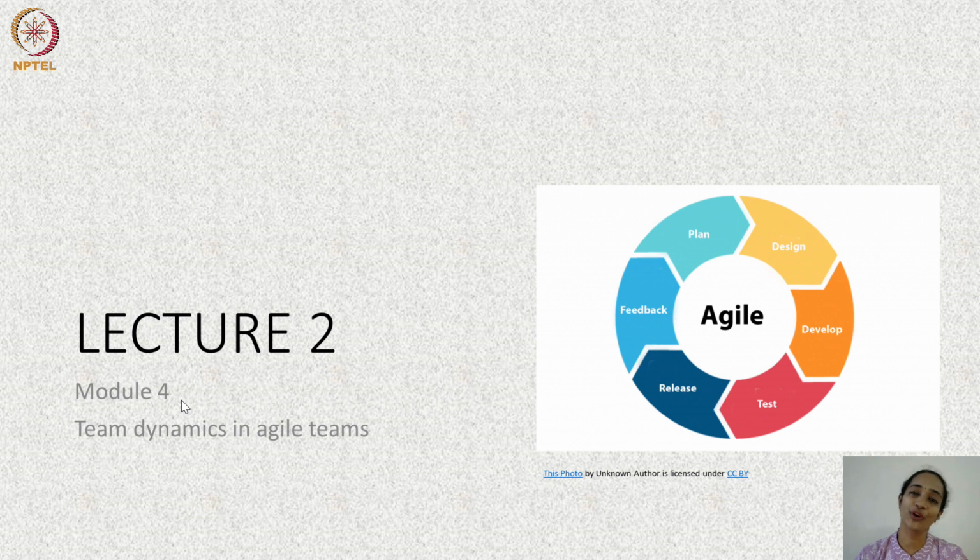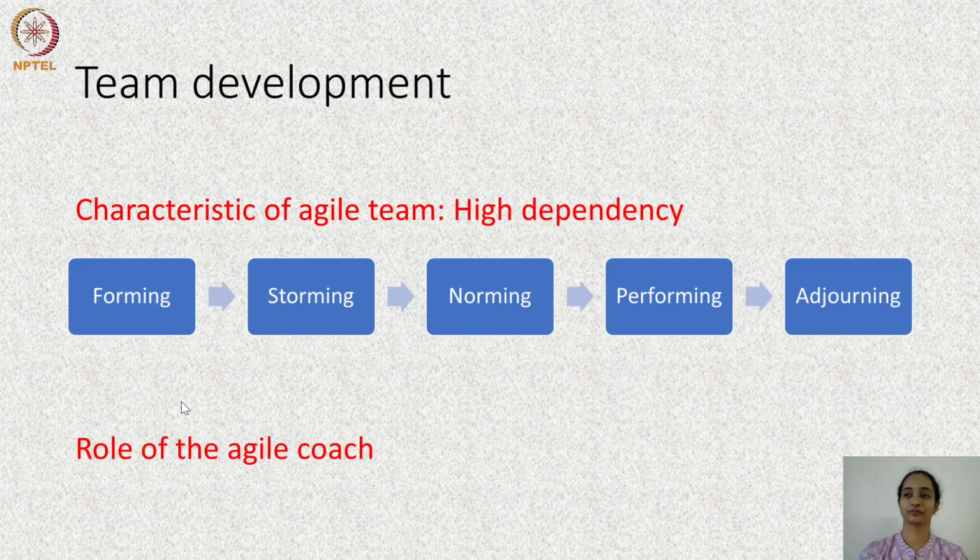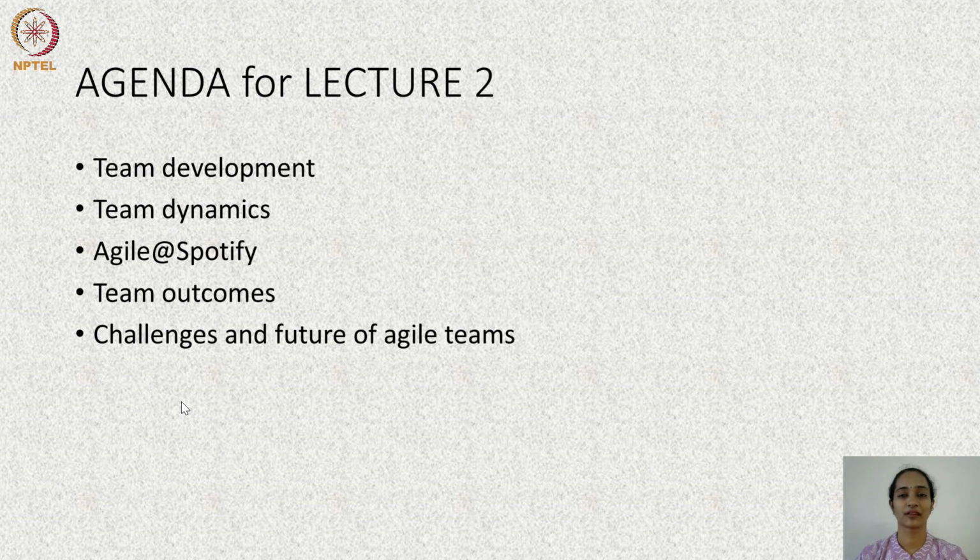Let us see what we are going to do in this lecture. In this lecture, we are first going to focus on team development. Due to certain characteristics of Agile teams, team development becomes a very crucial and critical factor to ensure that the team functions effectively. The second aspect that we are going to look at are the different team dynamics.